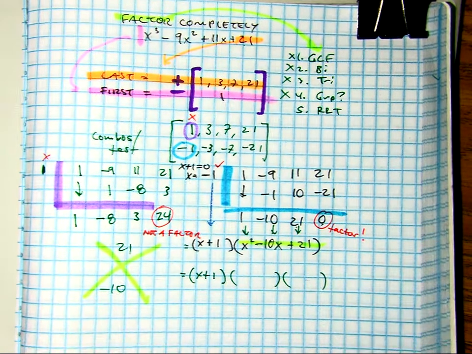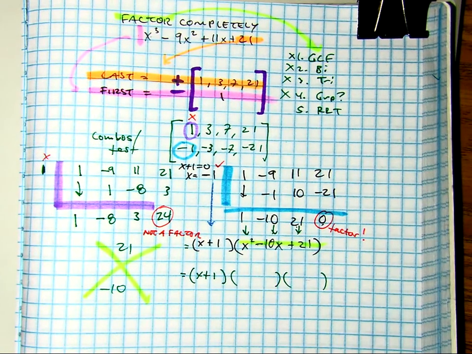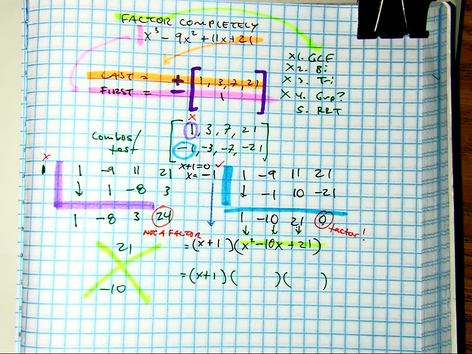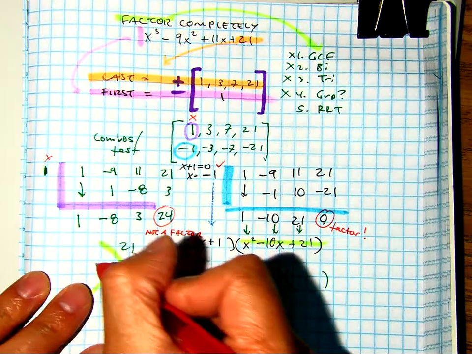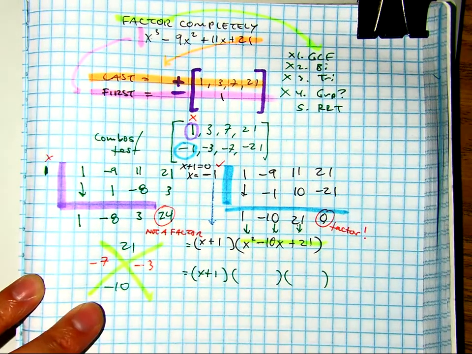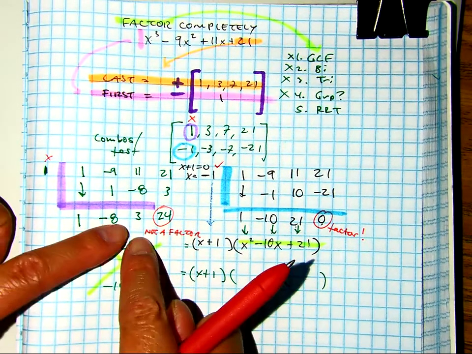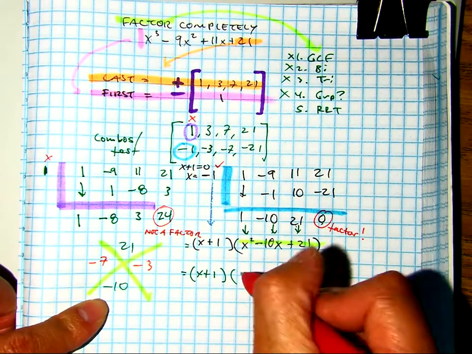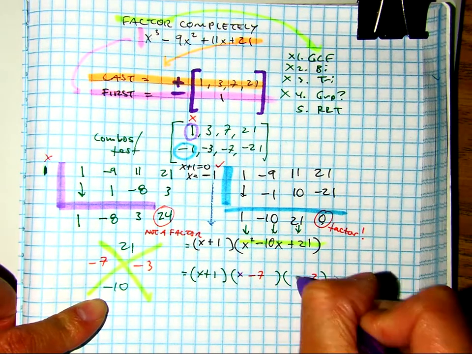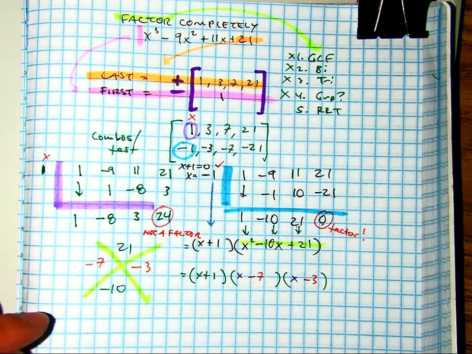Two numbers: -7 and -3. These multiply to be positive 21, add to be -10. So if we factor here in yellow, it becomes these binomials, and this is our final answer.